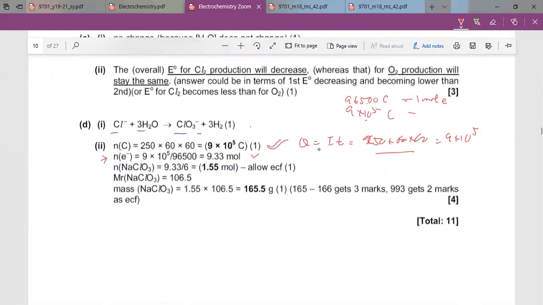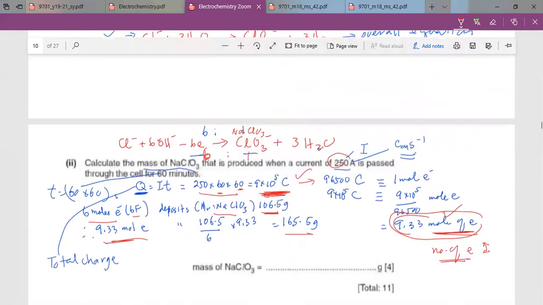Right, next one, number of moles of sodium chlorate. So how to get this one here? 1.55, quite simple. Remember this 6 moles gives you 1 mole. So 9.33 gives you 1 over 6 times 9.33, or 9.33 over 6, number of moles.